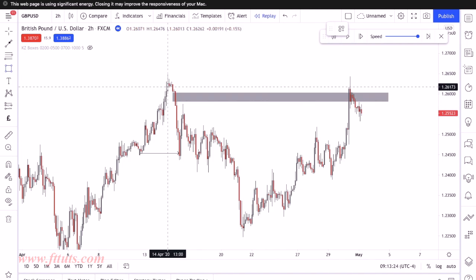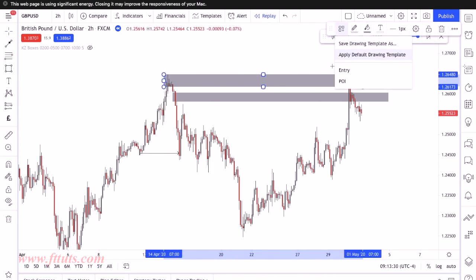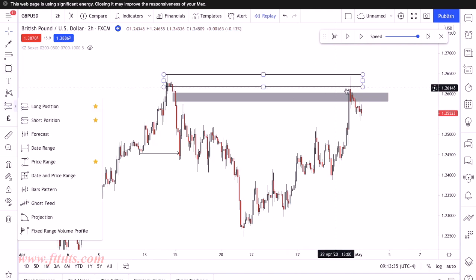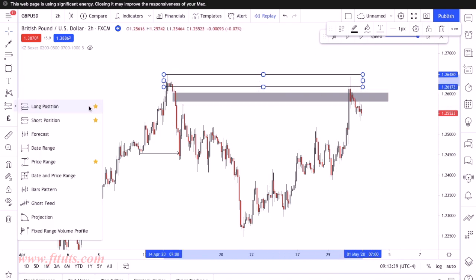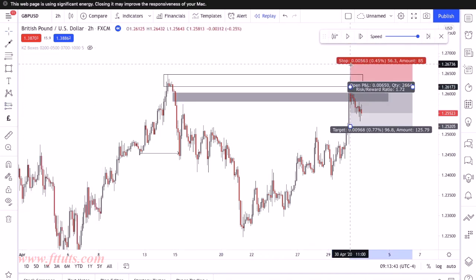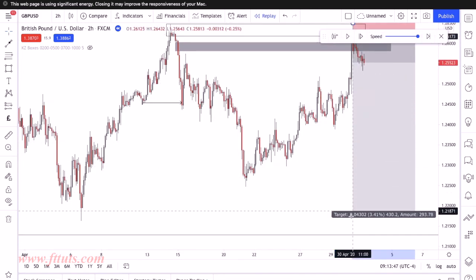So this right here would be our area of supply. So we would have sold off at this point here with our stop loss at the wick, and we'll be targeting that imbalance I was talking about down here.